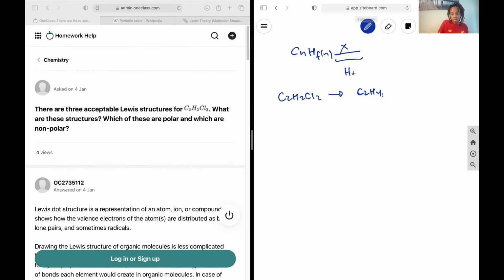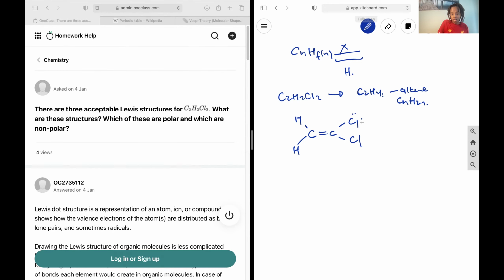And so C2H4, we know is going to be an alkene because it's following the general formula CnH2n. And so we can expect this for C2H4. And so now, because we have two halogens instead of two of the four hydrogens, let's just replace two hydrogens with the halogen that we have, so Cl instead.